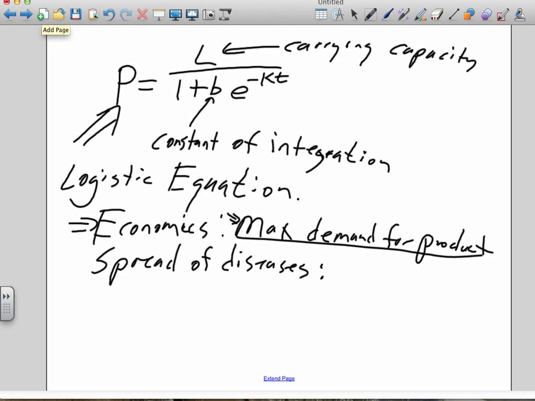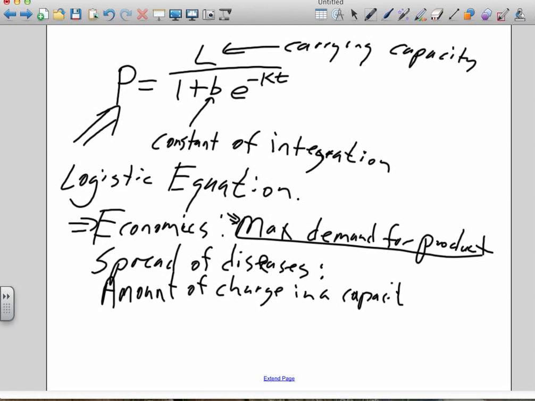Number two, some of the people are going to have resistance to any particular disease, and others just won't be exposed to it. And it's also used in electricity, for the amount of charge in a capacitor. So if you're building up a charge in a capacitor, it's modeled by the logistic equation. And this is just sort of a quick and dirty glance at what we've got.